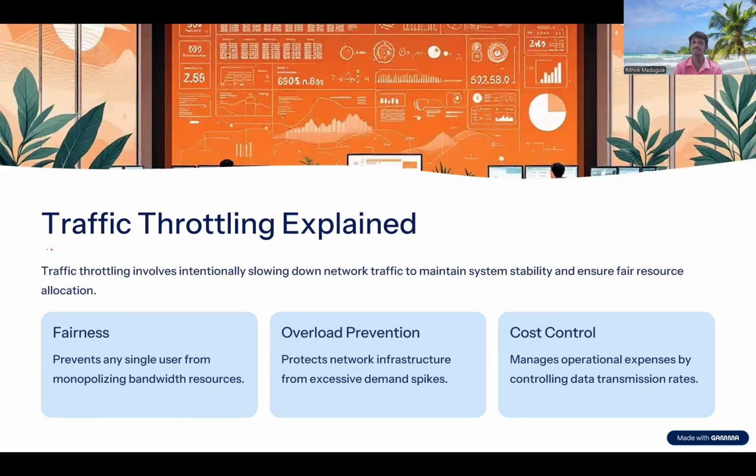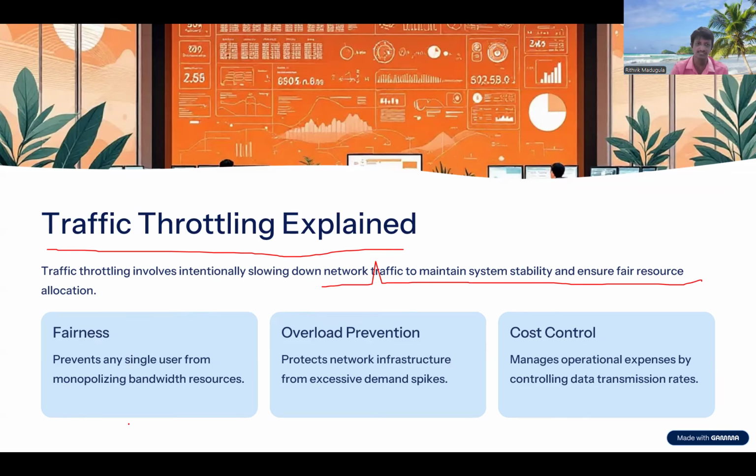Another important technique is traffic throttling. When we have a huge amount of congestion over a network, we are supposed to maintain a sustainable network along with fair resources. That is one of the most important techniques we need to use so that congestion can be prevented according to the circumstances.